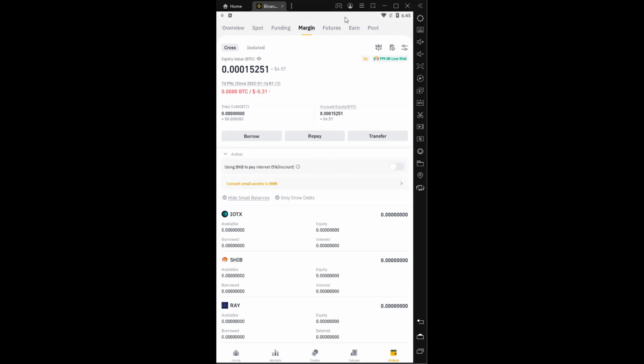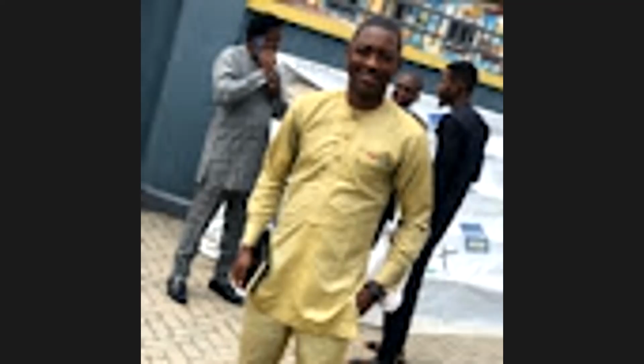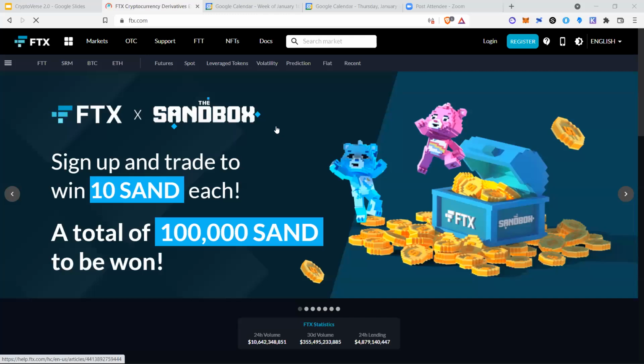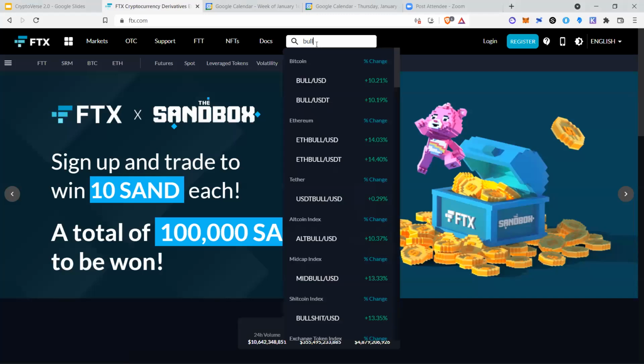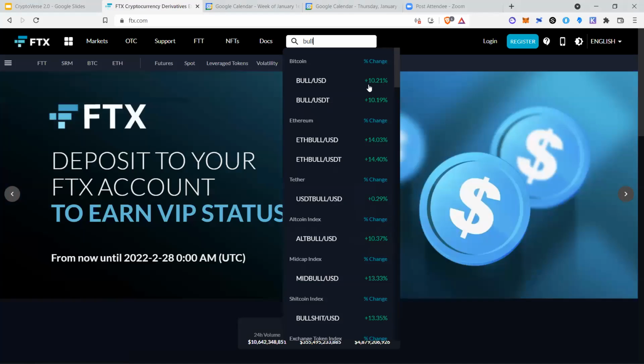So let me show us an example of another leverage token now, just for us to know that leverage token doesn't only end as the up and down that I explained. Here in this exchange, FTX, you won't see Ethereum up or Ethereum down.